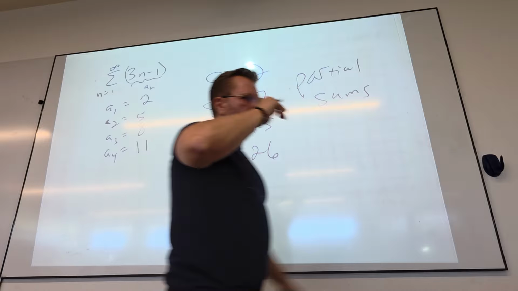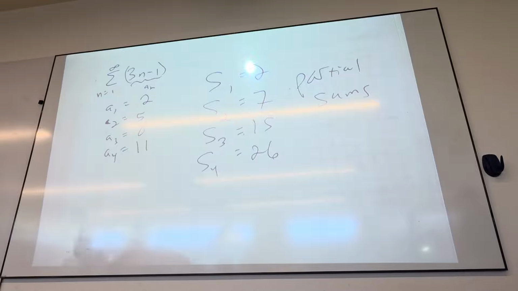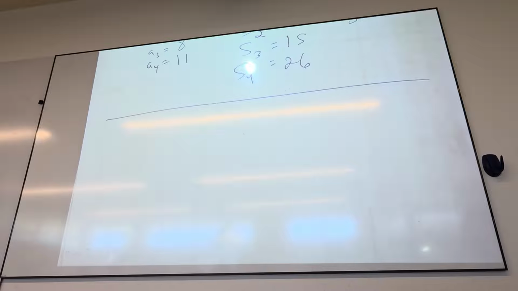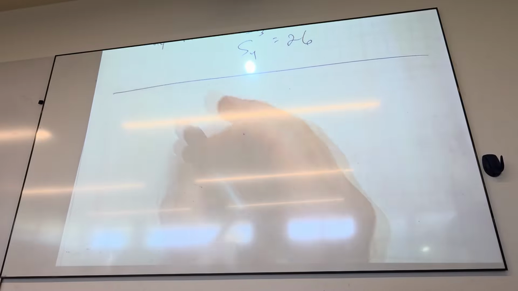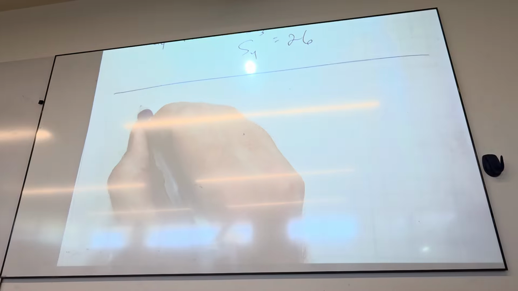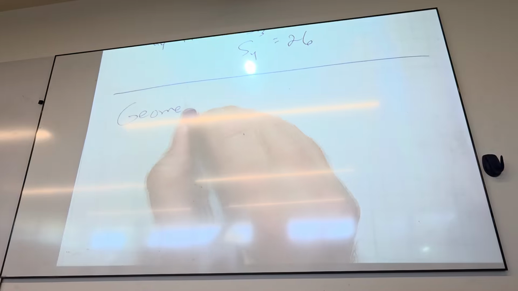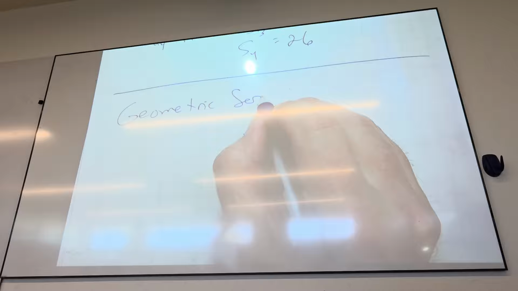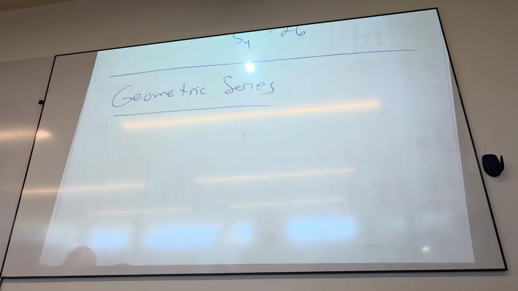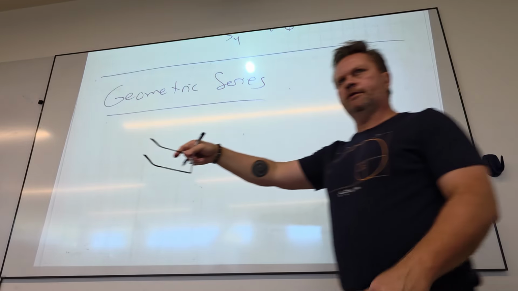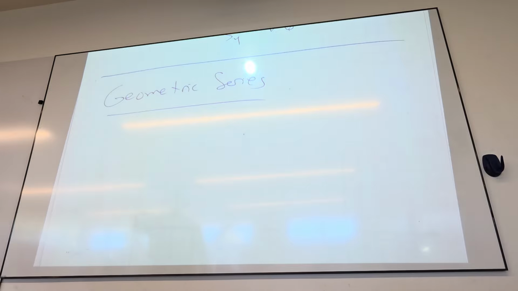So let's look at a very specific kind of sequence. Series. Well, sequence works too. So we have a geometric series. We had arithmetic sequences that were built on adding, subtracting.